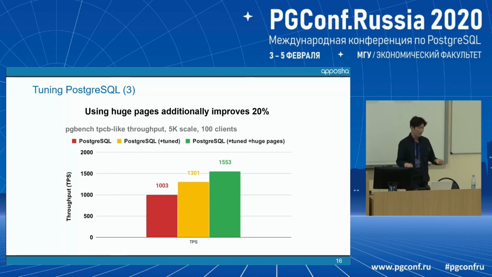But we can reduce this impact by using huge pages, and I could get about 20% more throughput. I did many tunings, not only for this, but the final optimal performance I could get is this, the green bar, 1500 TPS.